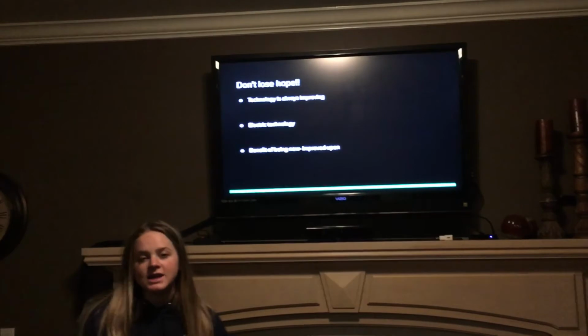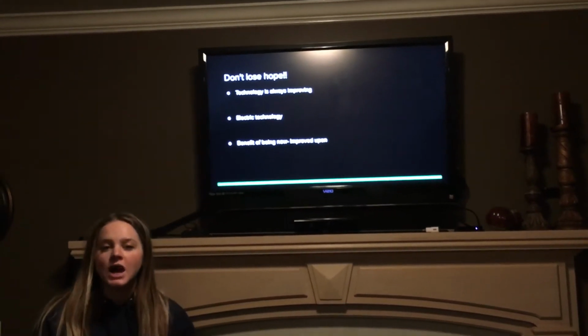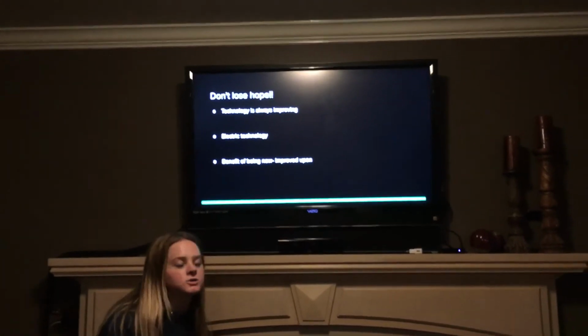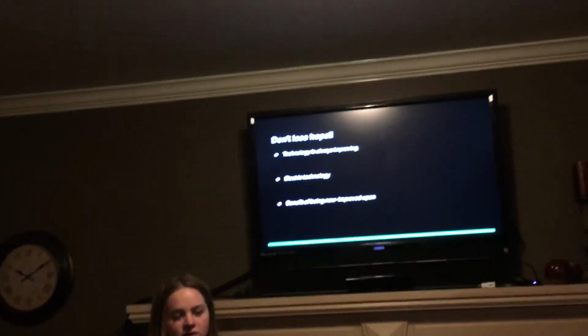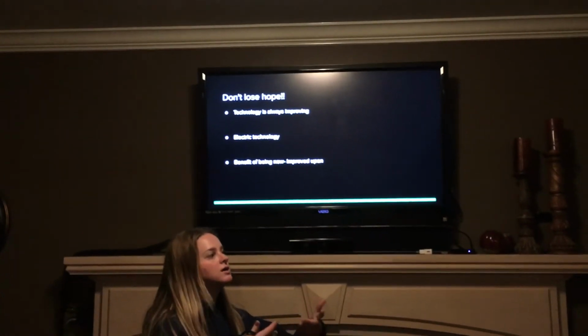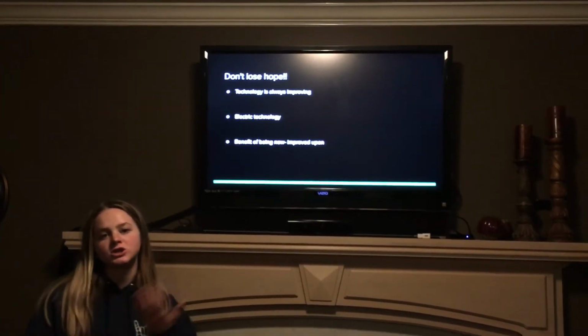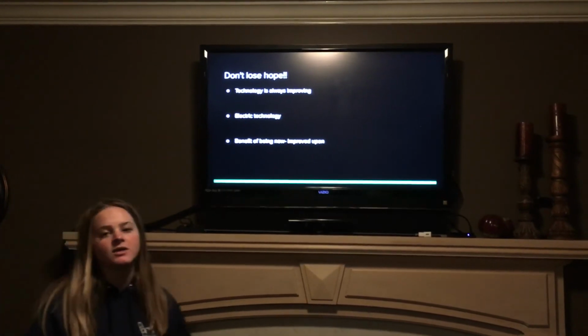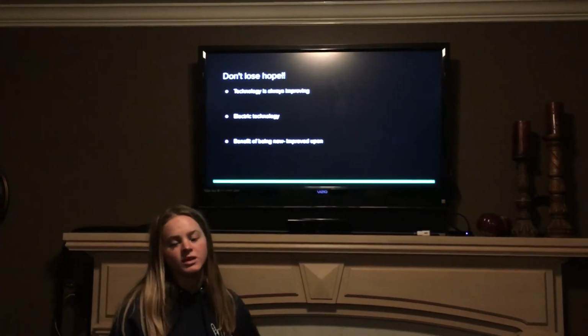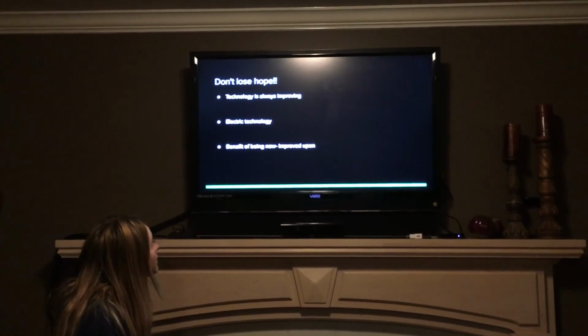So like I said, that technology is always being improved upon. So my challenge to you guys is to find a way to improve the technology that we have in our society. Find a way to help the production of electric technology. And maybe in the next 10 years, this flying car will be available. Thank you guys for listening.